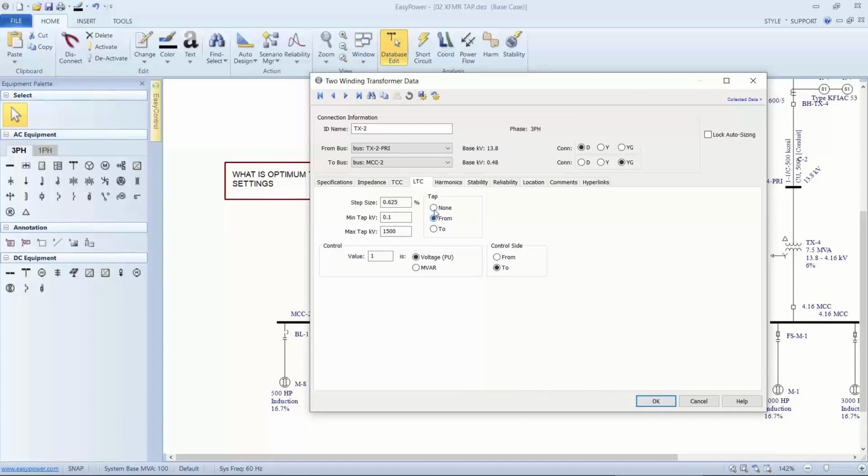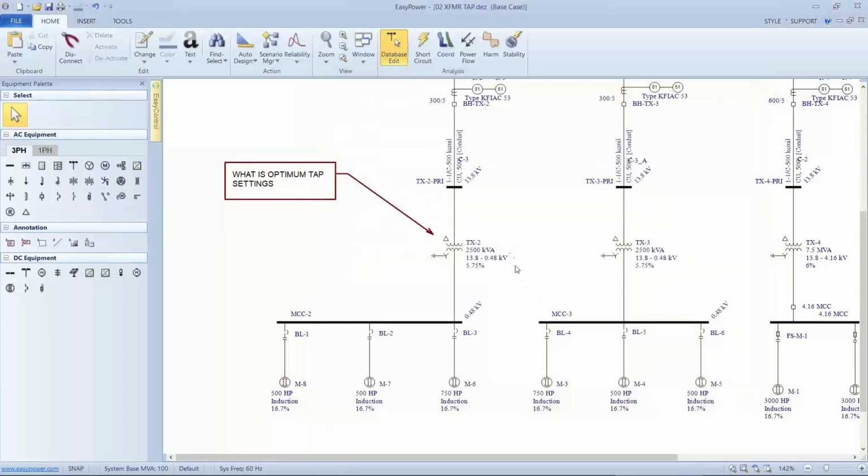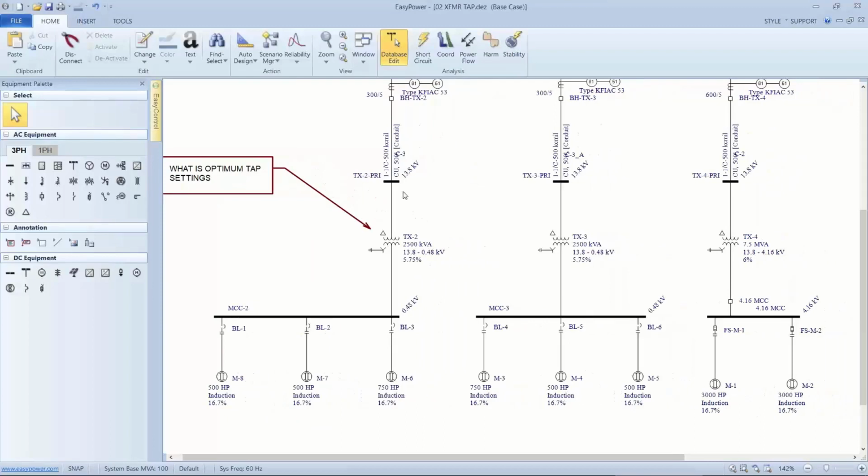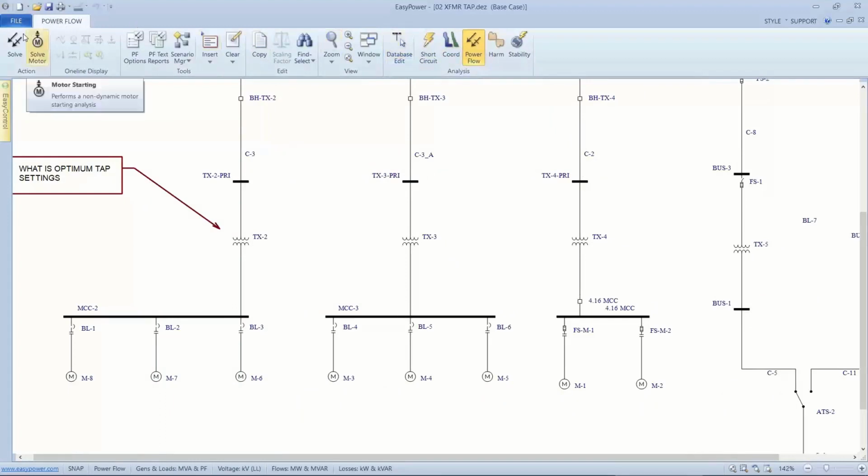So if we set it to adjust the from side, the 13.8 kV side, we can change the tap there to hold the output voltage to the 1.0 value, or the 480 volts. The tool will optimize using those capabilities in the load tap changer. So now we go back to PowerFlow and solve the equations.